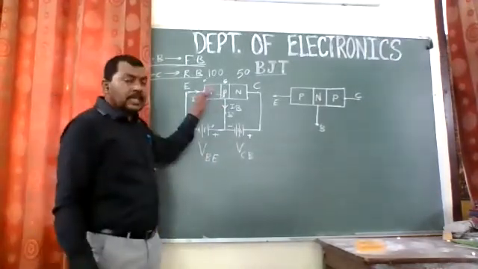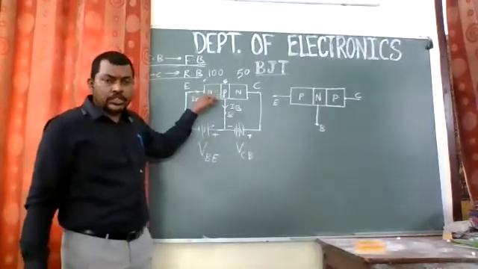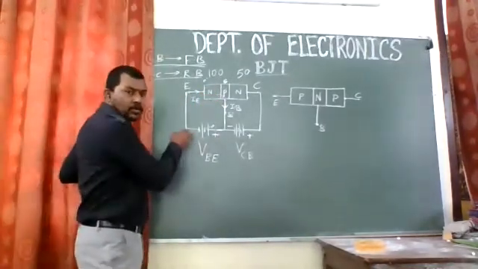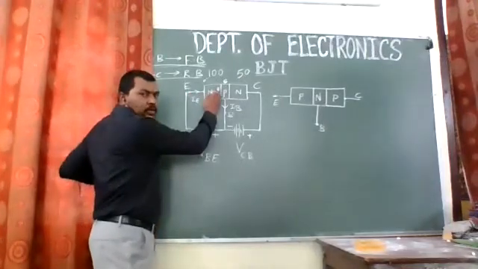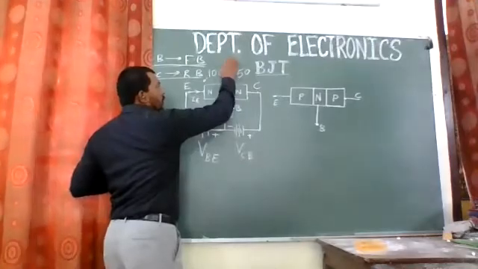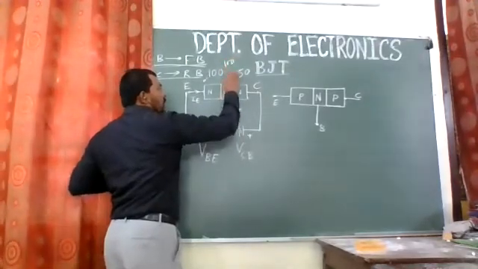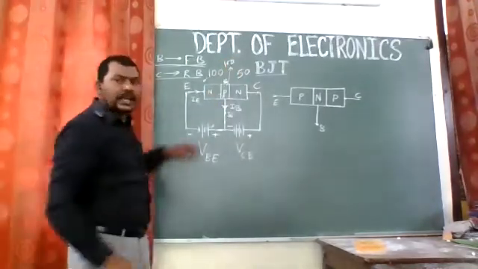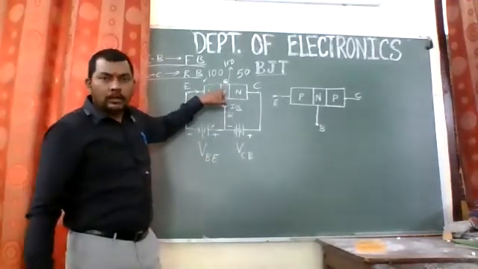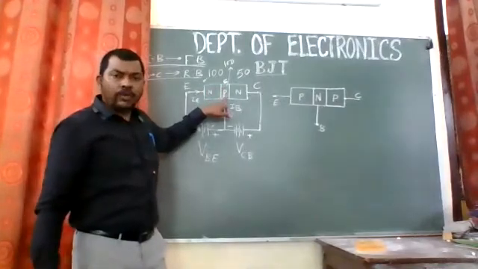Now, since the emitter has 100 majority charge carriers, meaning 100 electrons, as soon as this becomes forward bias and the depletion layer dissolves, 100 electrons are induced inside this base. But the base has only 5 holes.